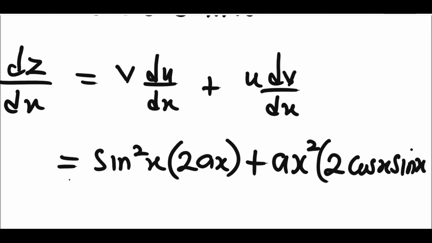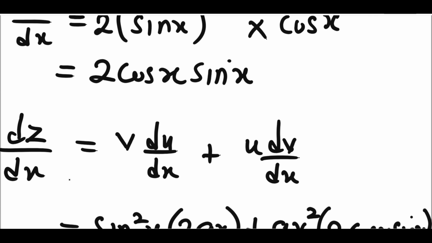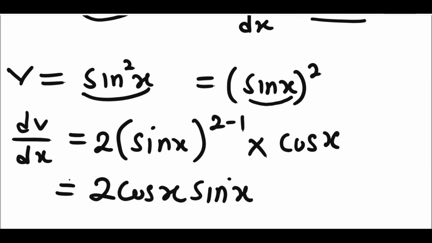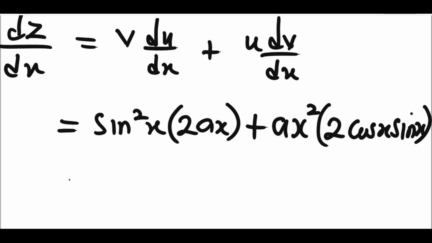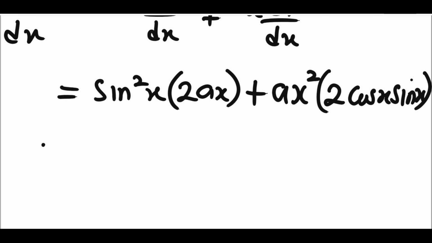sine x. Okay, so let us verify. Okay, it's here, 2 cos x sine x. All right, let's continue. So you now multiply. We have sine x squared multiplying 2ax, so it's going to be 2ax sine x squared.